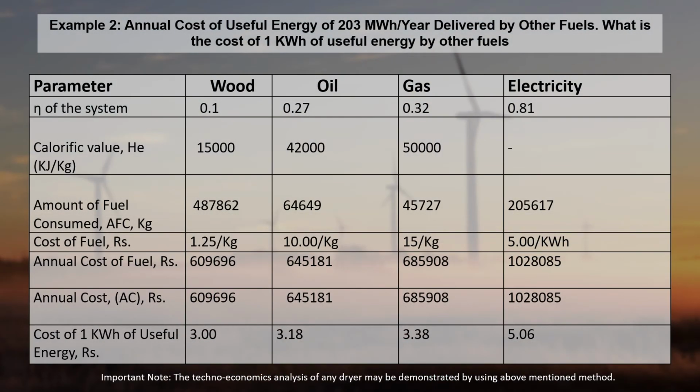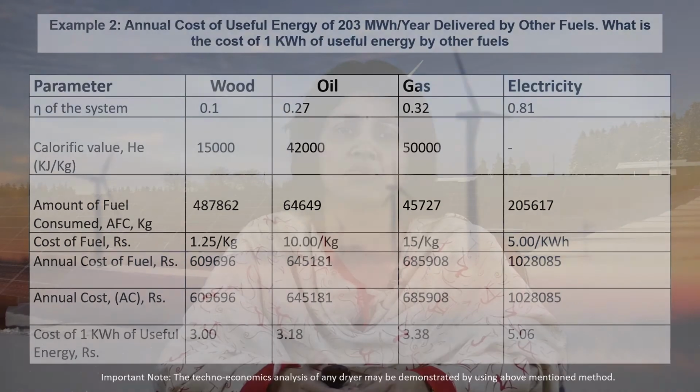Here the parameters such as efficiency of the system, calorific value, amount of fuel consumed in kg and cost of fuels for different types of fuels such as wood, oil, gas and electricity are given. Here the efficiency for wood is 0.1, for oil 0.27, for gas 0.32 and for electricity 0.81.